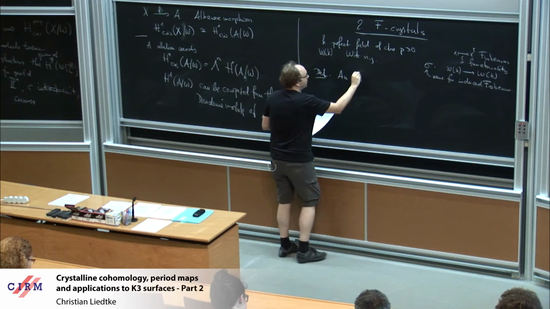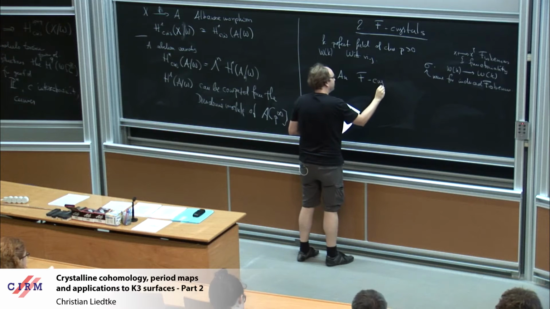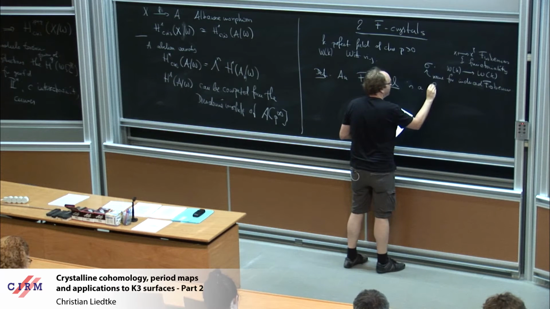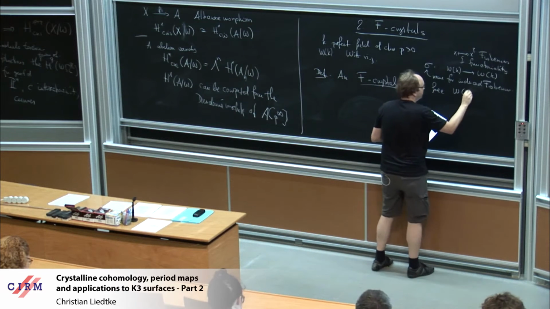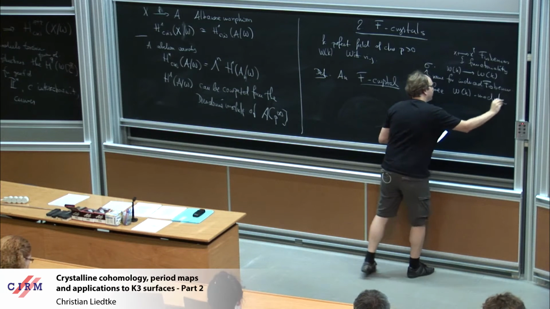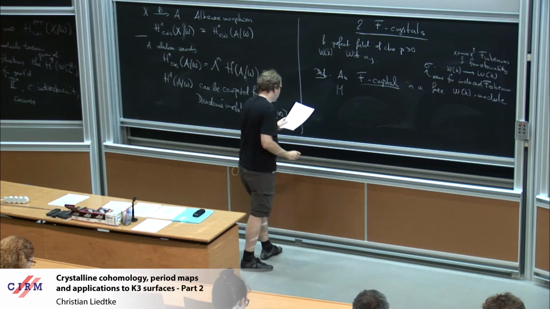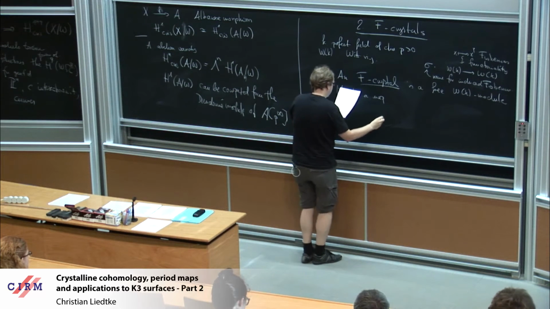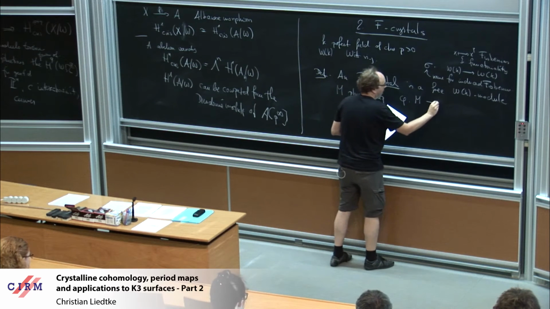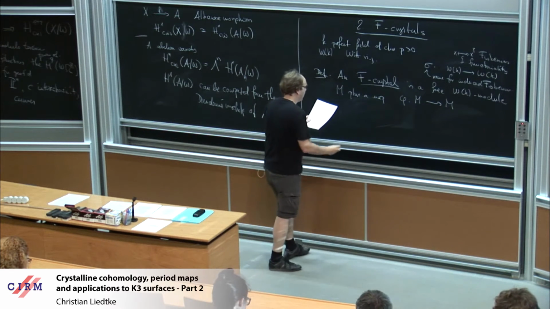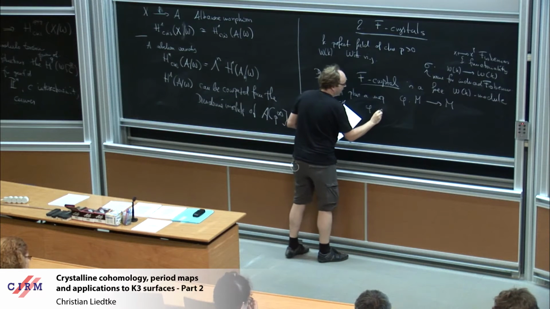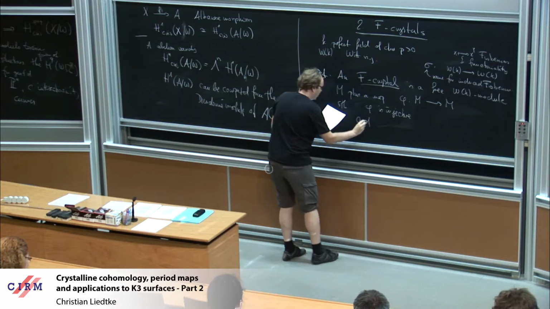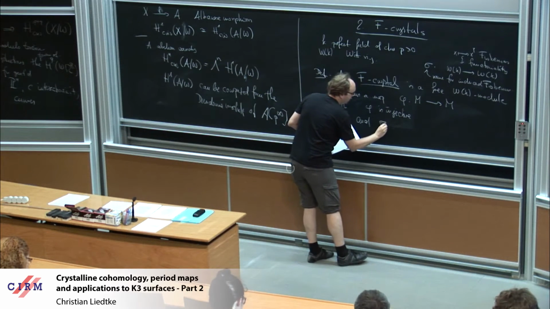An F crystal, sometimes the F is left out, is a free W(K) module M, so we forget about torsion in this setting, plus a map phi from M to M such that phi is injective and it is what people call sigma linear.